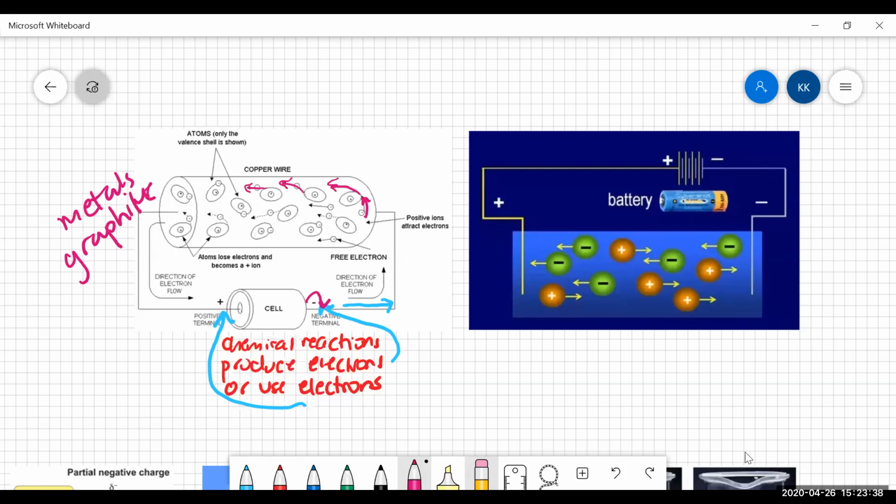But the interesting thing is that electricity doesn't have to be a flow of electrons. Electricity is simply a flow of charged particles.